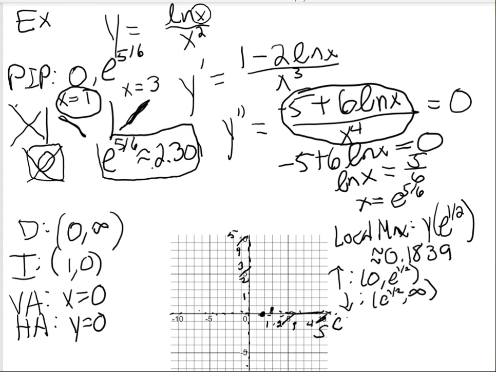which means we have concave down 0 to e to the 5/6, and concave up e to the 5/6 to infinity. So let's plot this thing. Remember, it's going to negative infinity. It goes up, crosses at this intercept.